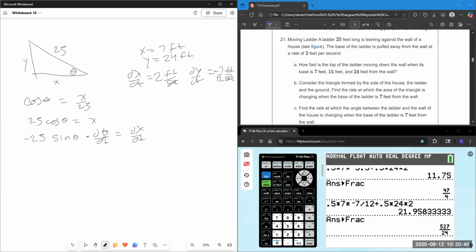Sine of theta, I'm going to use the specific triangle that we were talking about where this is 7 and this is 24. So -25 times 24 over 25 times d theta/dt is equal to 2 feet per second.